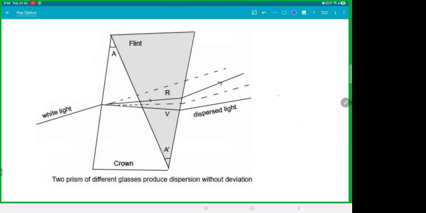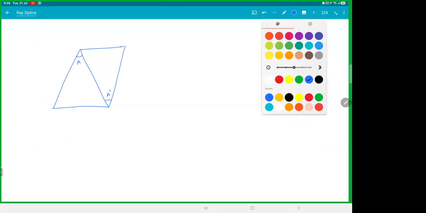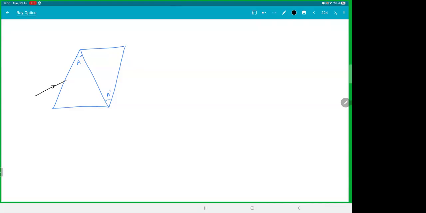That's your average. So how does this work? We take two prisms. Let this be A and let this be A dash. You send white light. This thing splits and again combines, and again you get a white light.